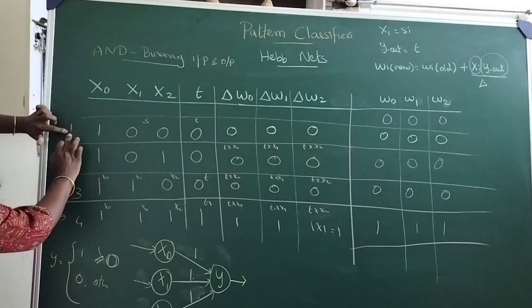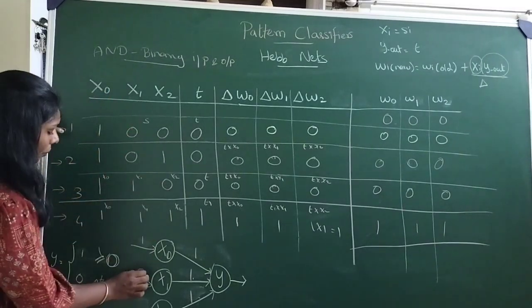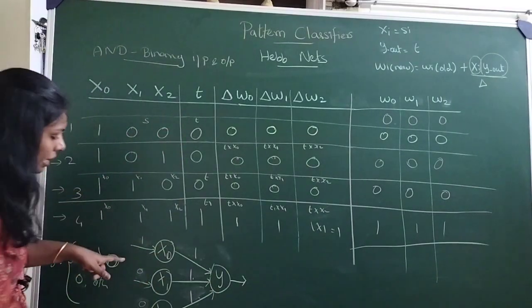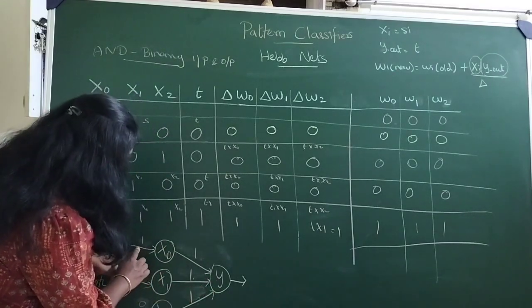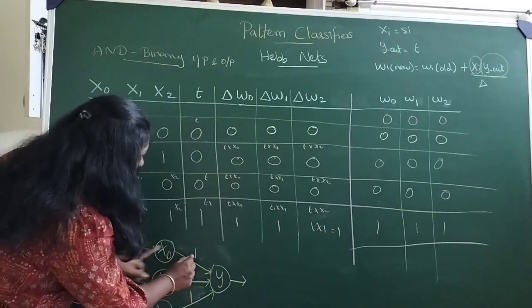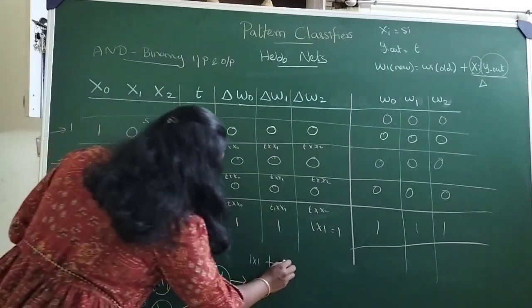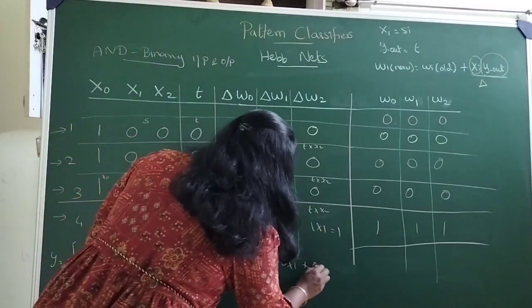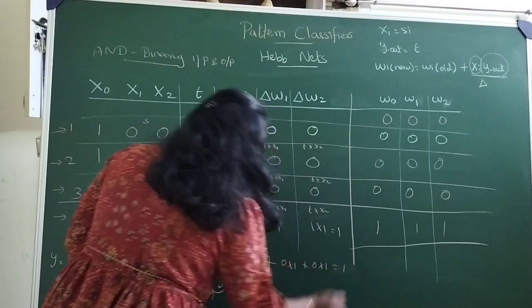So first, my input pattern is x0 takes the value 1, x1 is 0, and x2 is 0. How is y in calculated? It is the summation of the input multiplied by the weight. So 1 into 1 plus 0 into 1 plus 0 into 1 equals 1 plus 0 plus 0, which is 1.